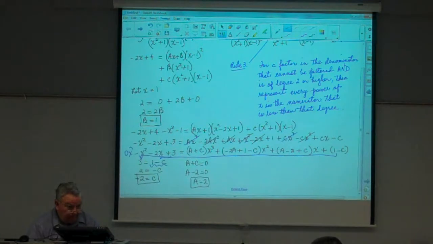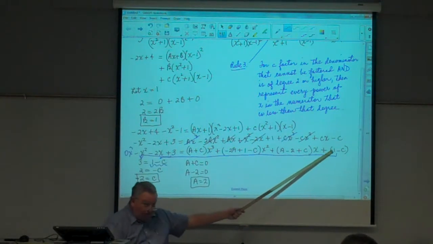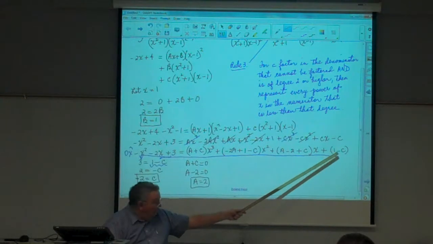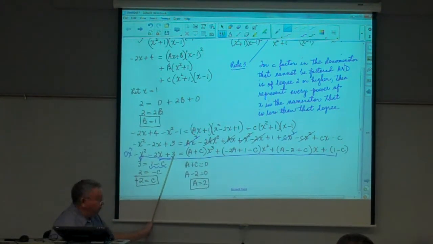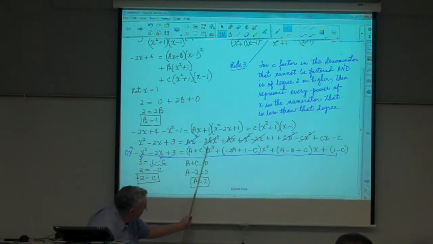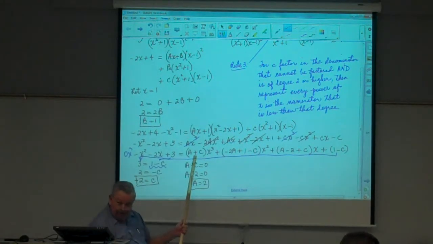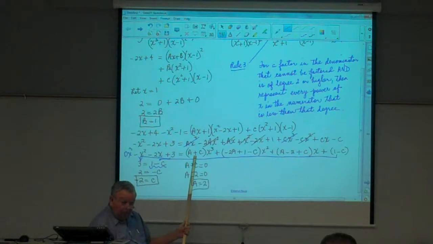So all you did was take that last one, set it equal to 3, and then solve for c, and then you plug c back into A. I took the last one because it's a constant, and I set it equal to the constant. And once I got it, I could have used any one of these. Why did I use this one? Easiest. Exactly.